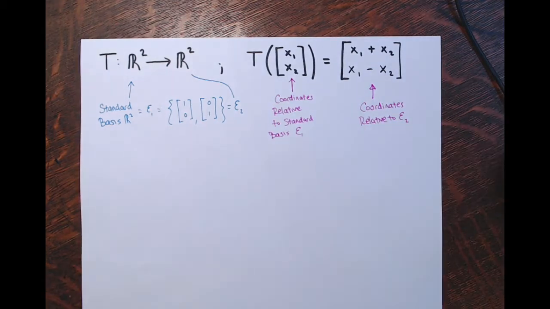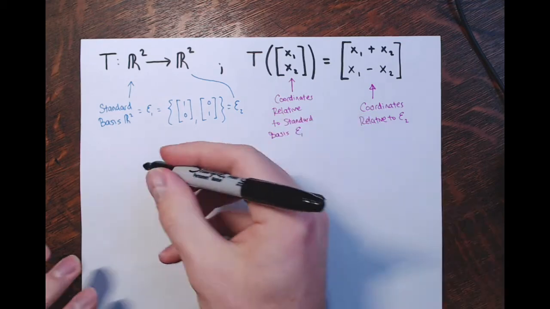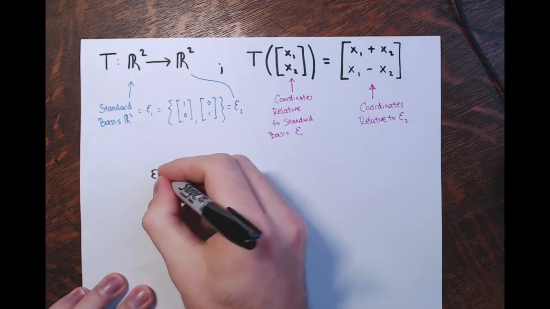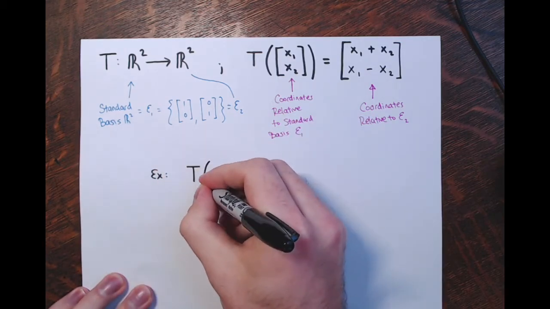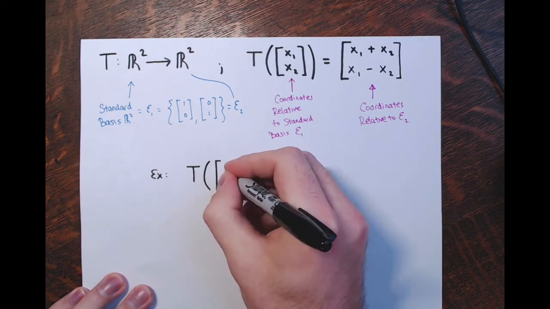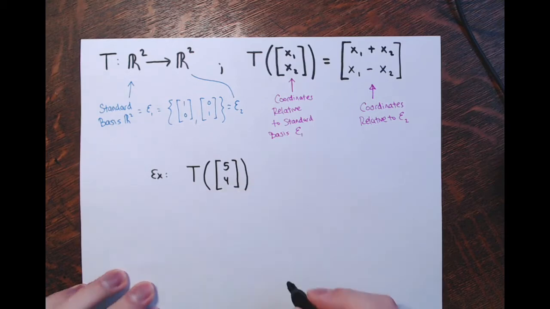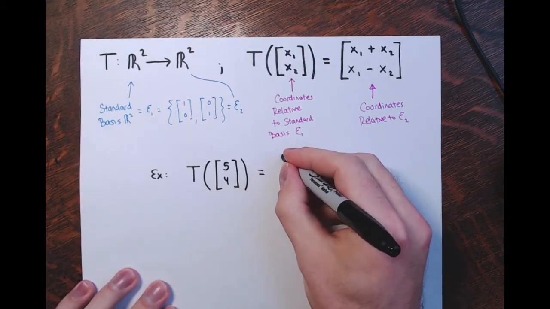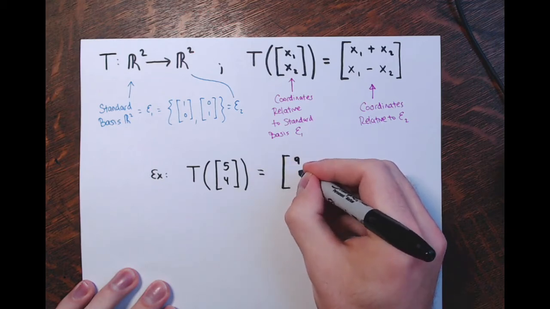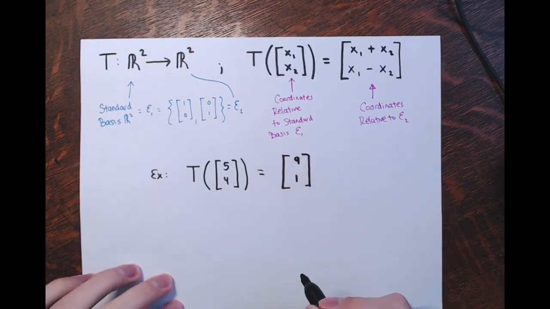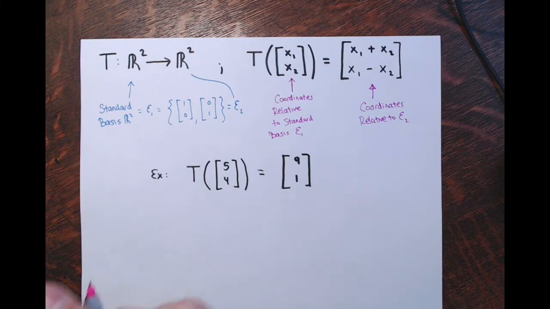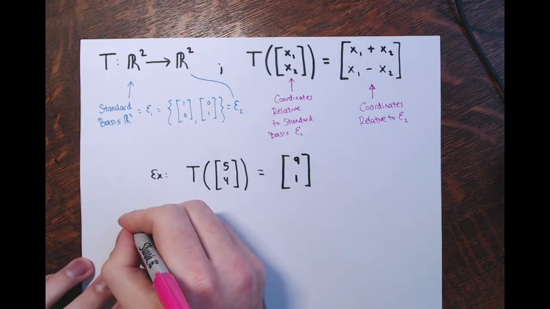For example, if I plug in an input from R2 and then get an output. So if I said, what's T of the vector, say, 5, 4? Well, if I run this through this rule, this would be 9, 1. Now, like I said, my input, 5, 4.